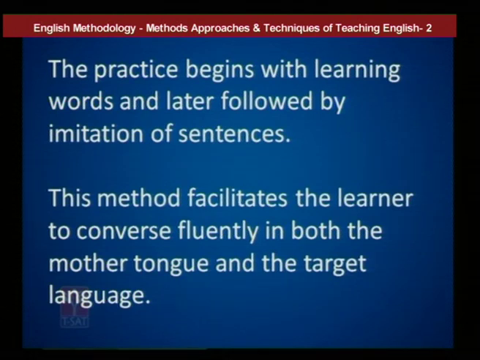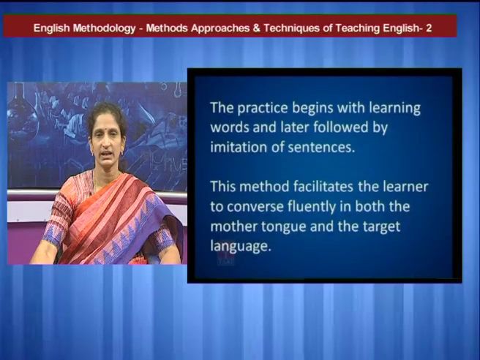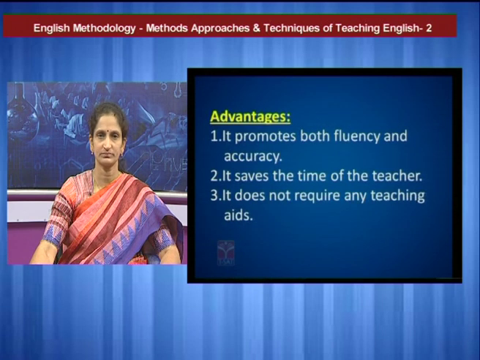This method facilitates the learner to converse fluently in both the mother tongue and the target language. Like in the grammar translation method, we take help of the mother tongue to translate the sentences, from English to Telugu or from Telugu to English or any other regional language. The bilingual method also facilitates the learner to converse fluently in both the mother tongue and the target language.